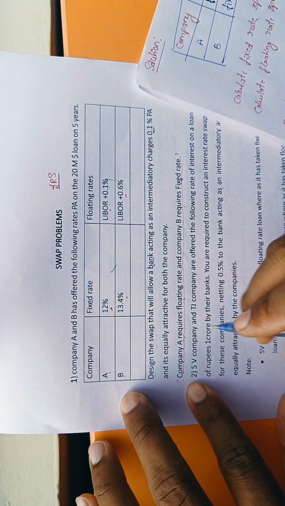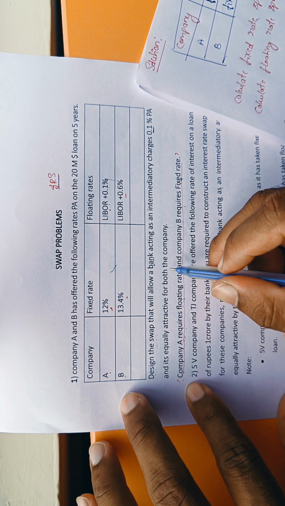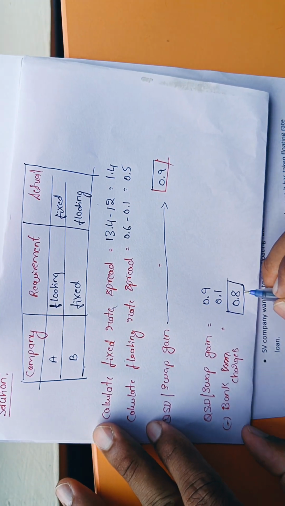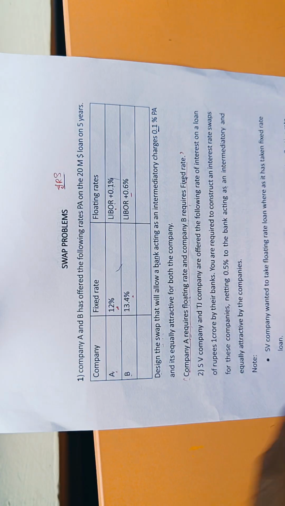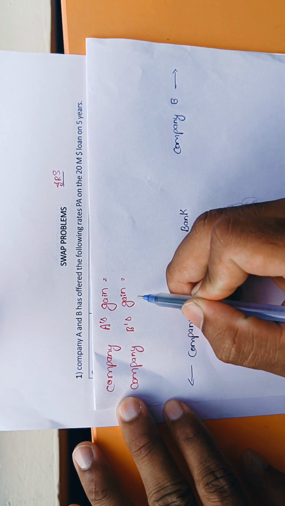And what they actually said, equally attractive or equally distributed for both the companies. This 0.8 is distributed among A company and B company equally. That is nothing but A company's gain, company B's gain.